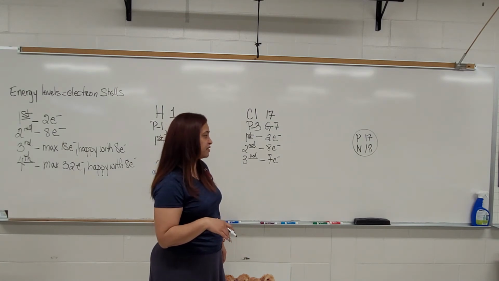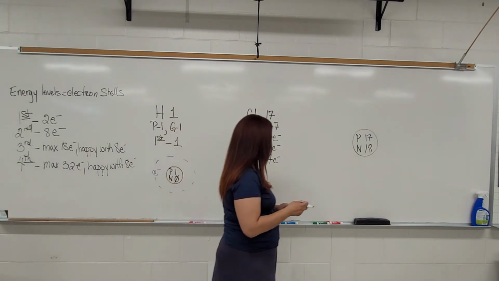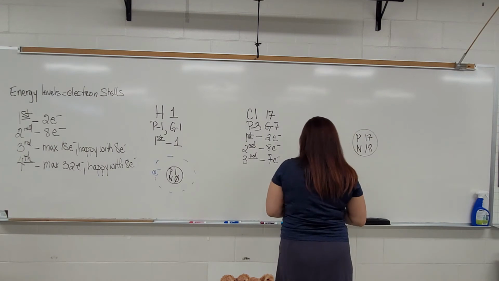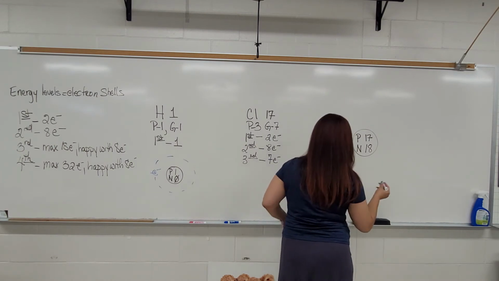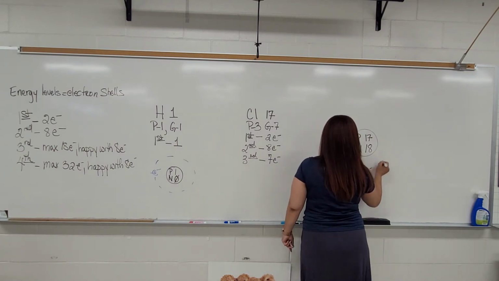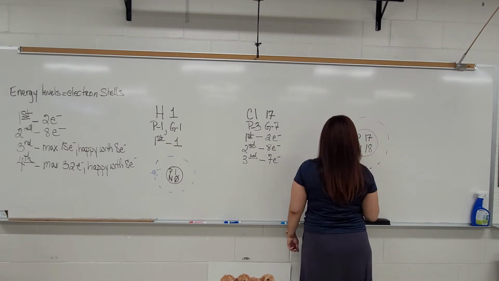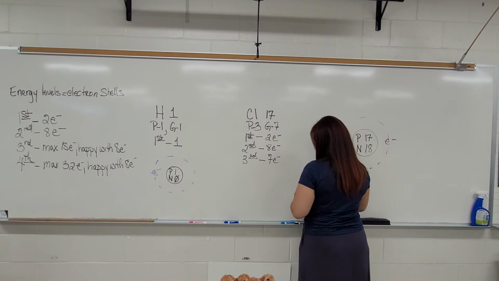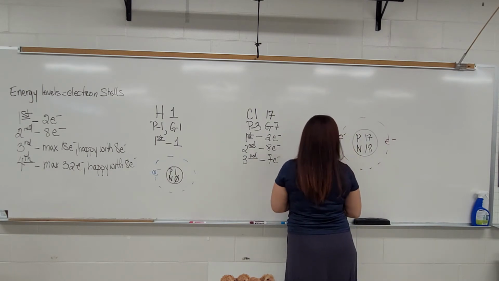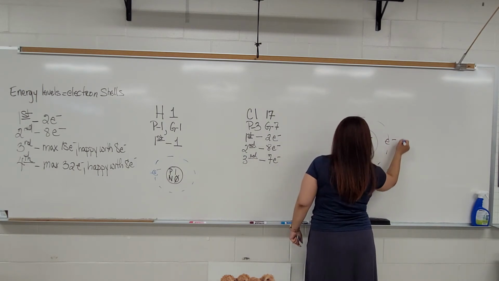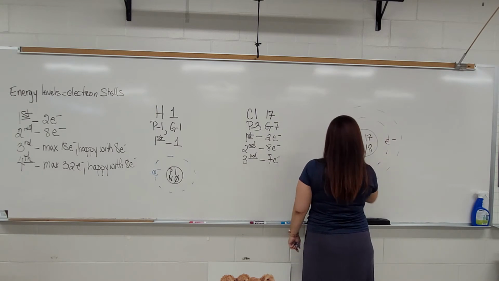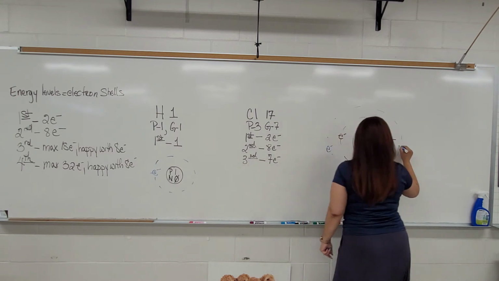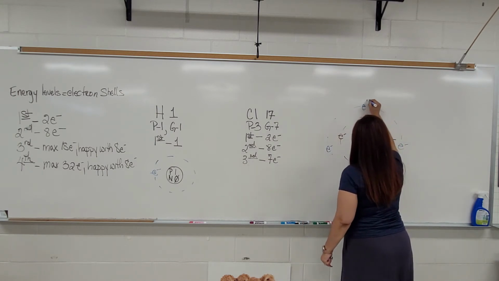Well, 35 minus 17 is 18. In its first shell, it has 2 electrons. In its second shell, it has 8 electrons.